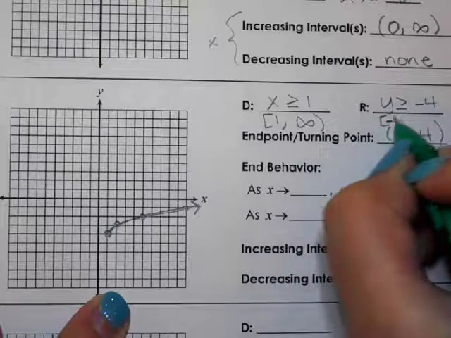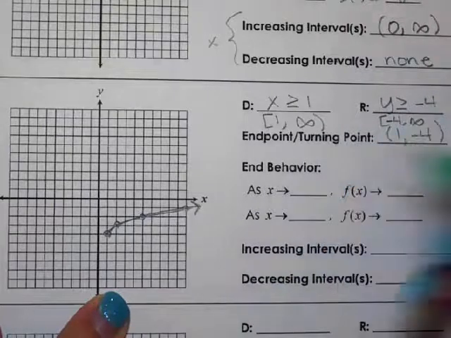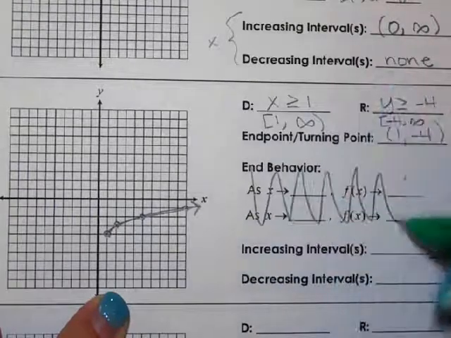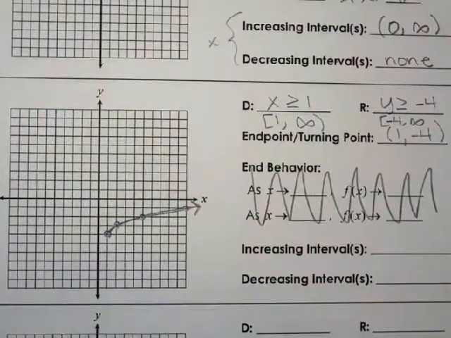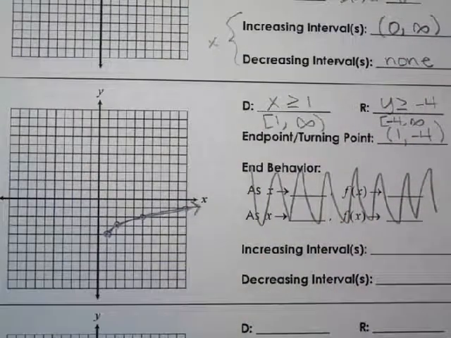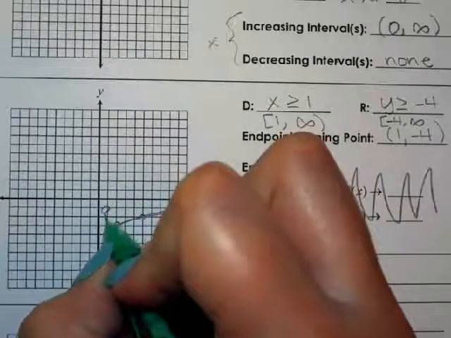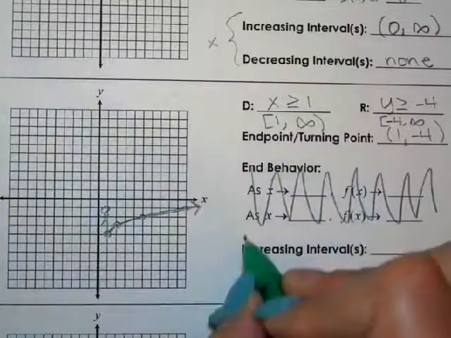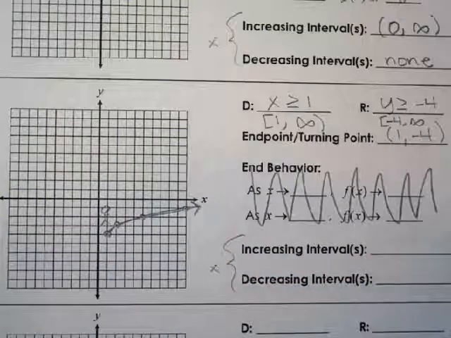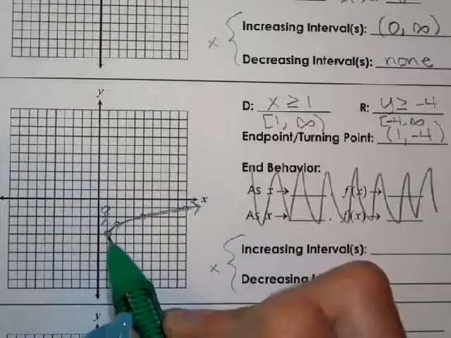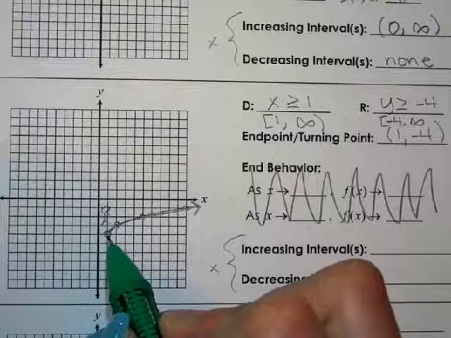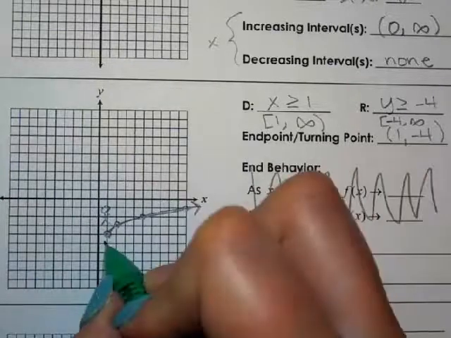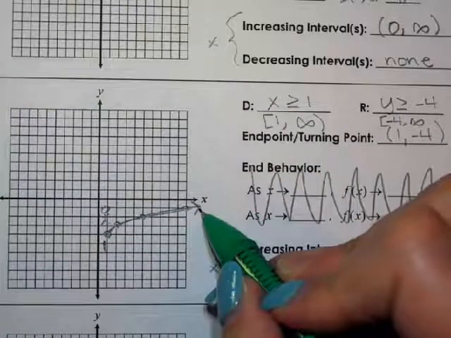All right, let's do our stick figure. We always do x values for this. So what is the x value right here? 1. What is the x value over here? Okay, what is our stick figure doing? Increasing. He is walking uphill.